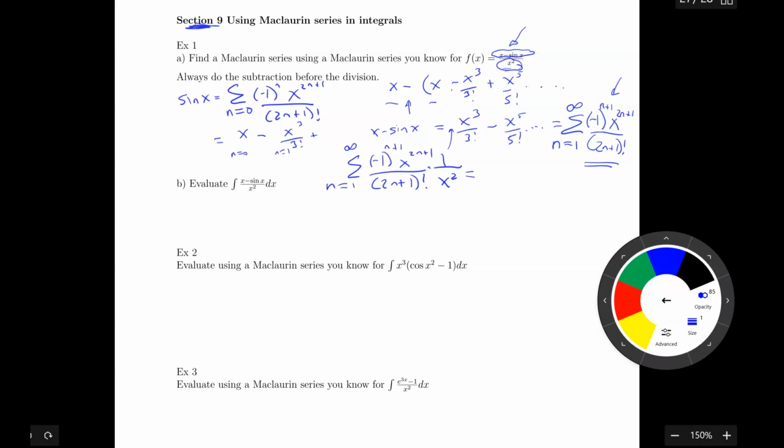Now let's join the x's together, because for my next part here, I want to take the integral. So I want to make sure I have all the x's together, and the 2n plus 1 factorial in the denominator. Combining these, x to the 2n plus 1 minus 2 gives me an x to the 2n minus 1. So this I'm going to have inside my integral.